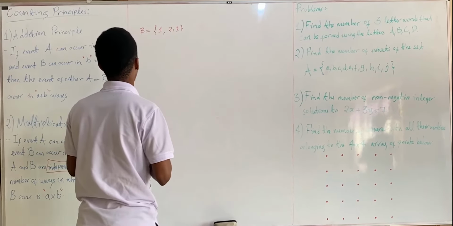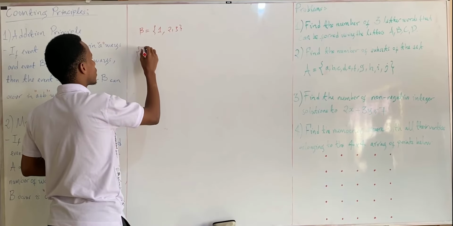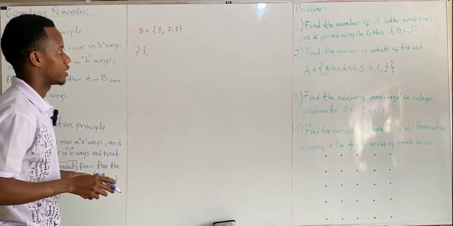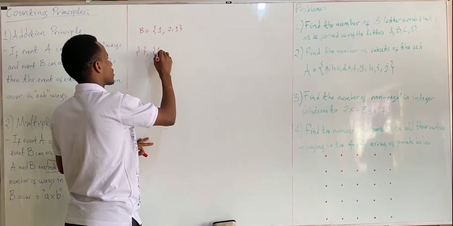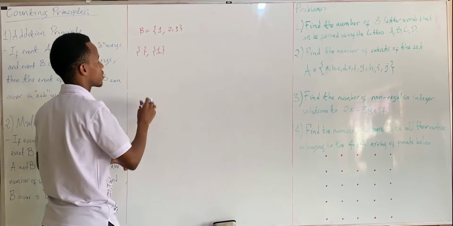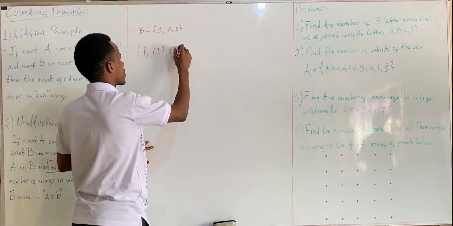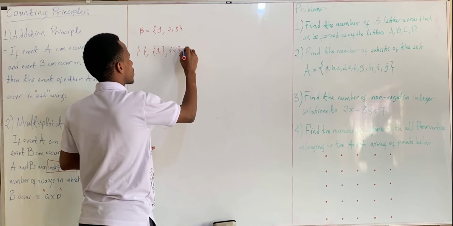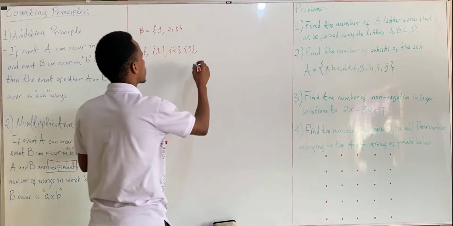We have the empty set, which does not contain any element. The second subset, which contains 1. The next, which consists of 2. The next, which consists of 3 itself.